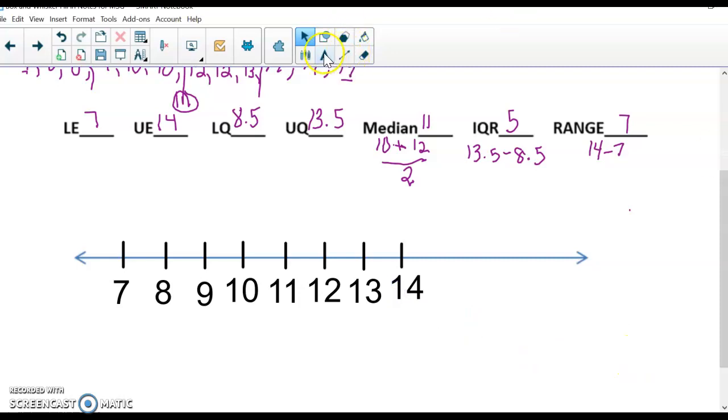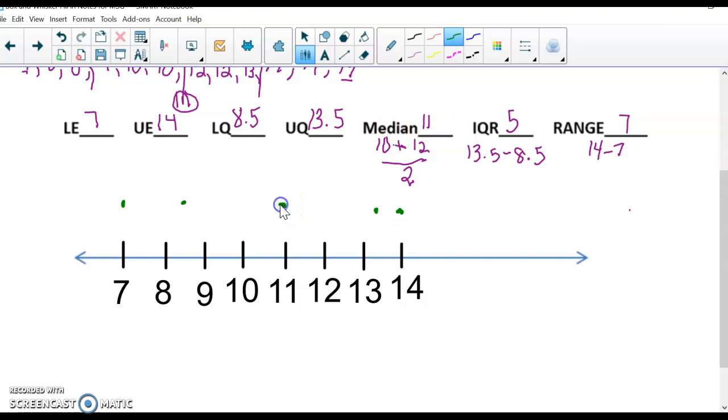Notice how I'm trying to keep it pretty much uniform distance. All right, now I'm going to put my dots, my 5-number summary. I have to put a dot at 7, a dot at 14, a dot at 8.5, a dot at 13.5, and then a dot at 11.